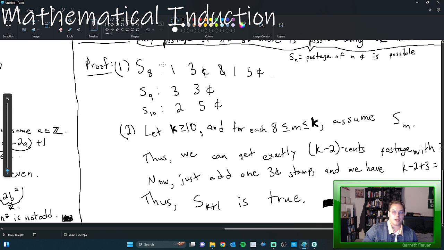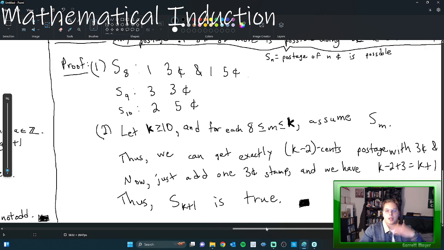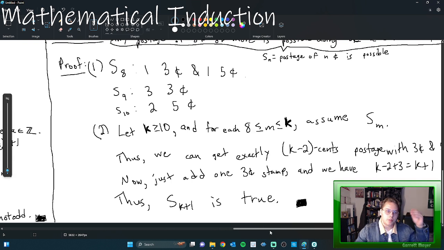Well, based on this proof, we know that we can get to 47 cents already, so we can add on 3 cents. We can get to 50. That's kind of how the logic of this proof works. And it's that same logic of climbing the ladder, but it's a little bit more complicated because it's assuming the ability to get to all of the rungs prior, but the logic still works.